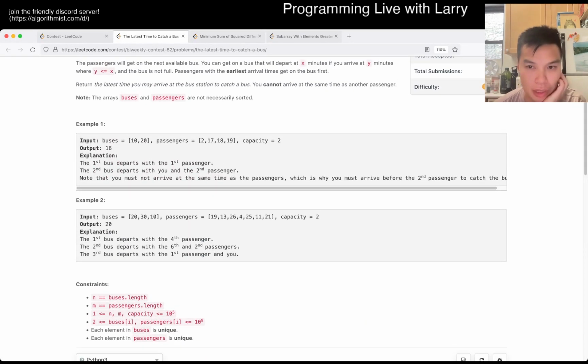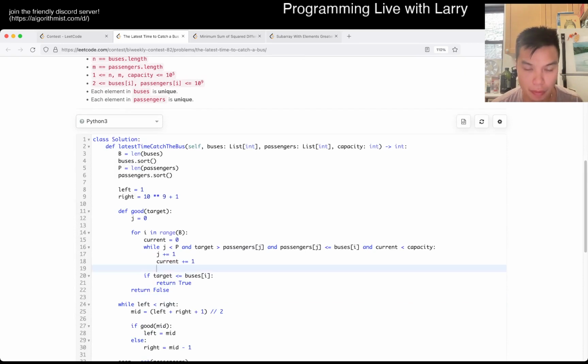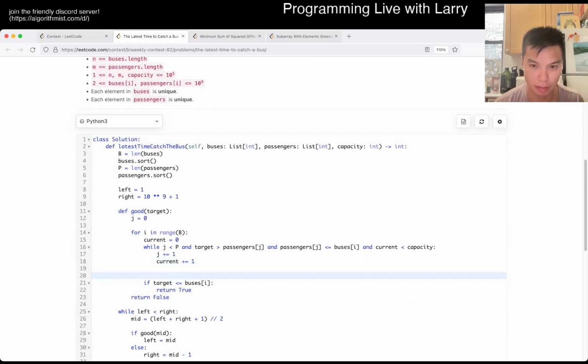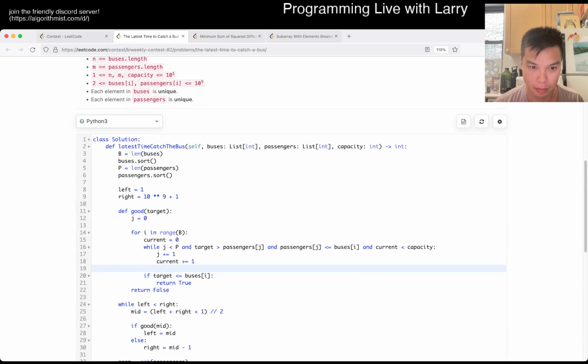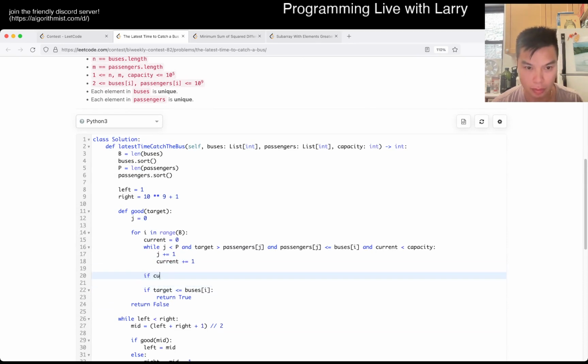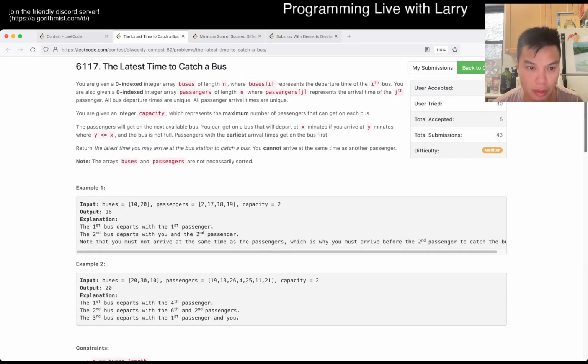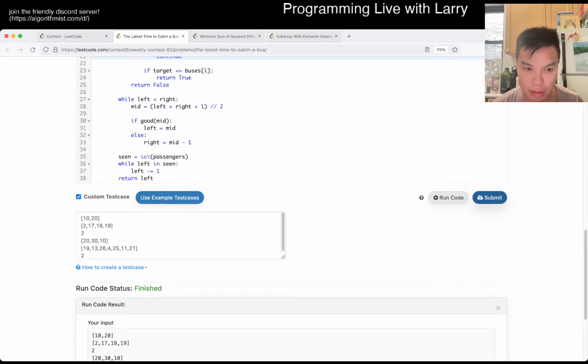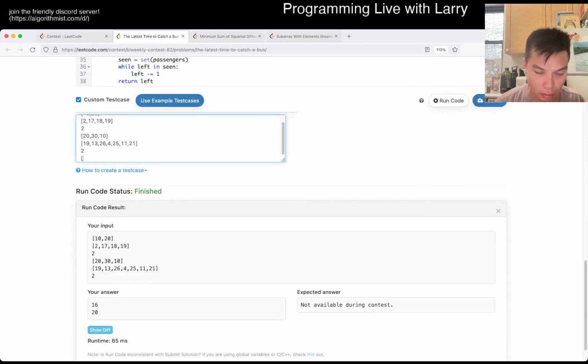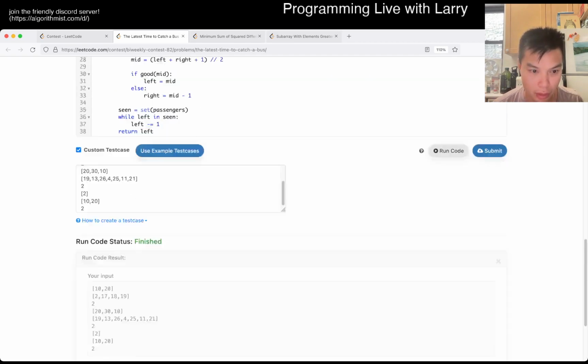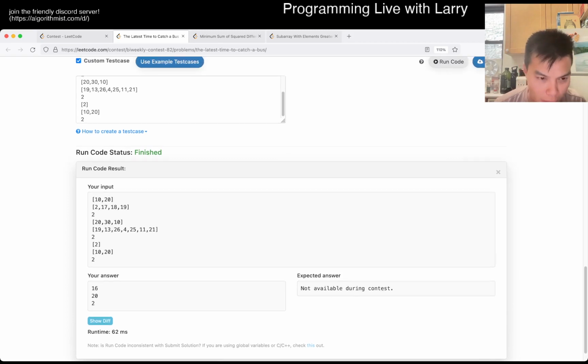Give it when we get to 20. Nice. Is that right?